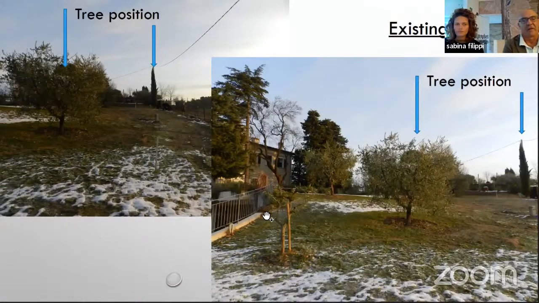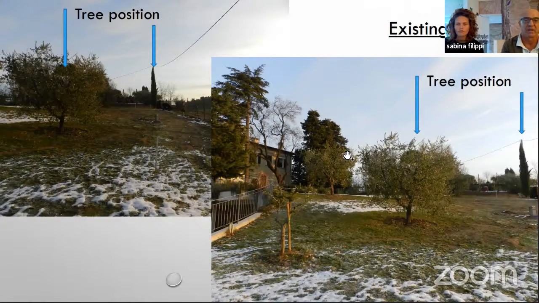So for us, the concept of global design means that we have tried to maintain as much as possible all the things present in the surroundings, such as olive trees, vineyards, ground level, and all the things that stay on the hills.